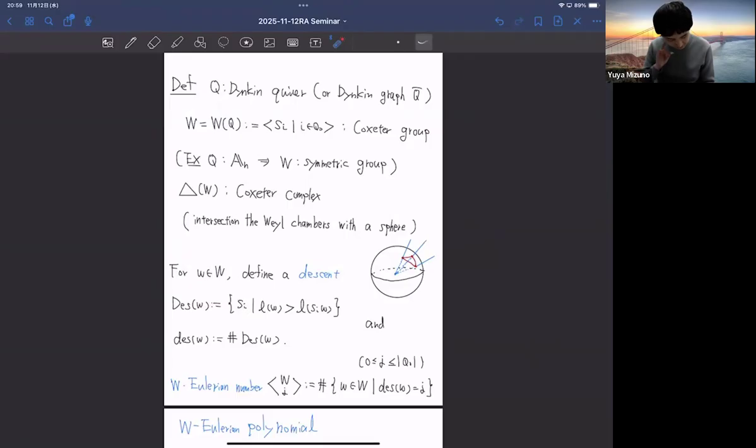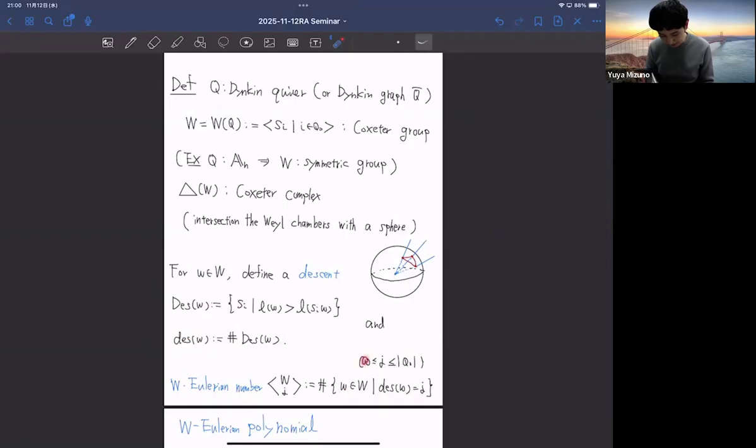It means this number is at most the number of vertices of the quiver, and this small des is the number of descents. And this W Eulerian number is the number of elements w whose descent number is j.